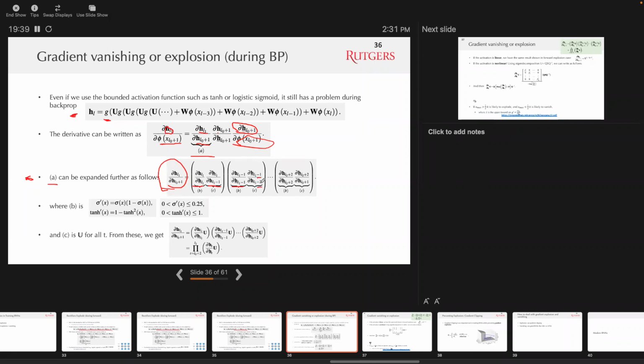So concretely, this gradient is going to be equal to the gradient of h4 with respect to h4 before the nonlinear activation, times h4 before the nonlinear activation with respect to h3, times h3 with respect to h3 without the nonlinearity, and h3 with respect to h2, all the way back until you reach h1.